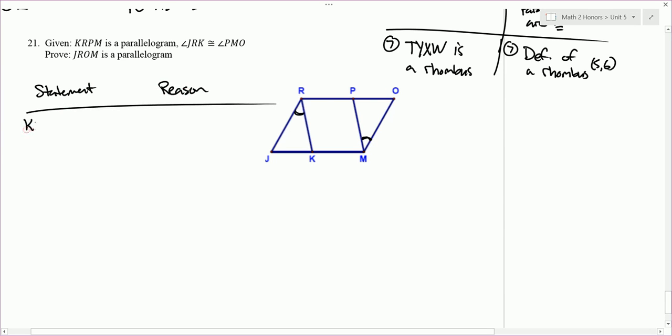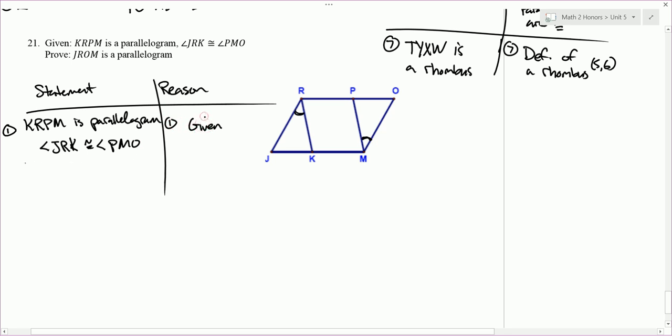Givens are KRPM is a parallelogram, and angle JRK is congruent to angle PMO. The reason is it is given to us.